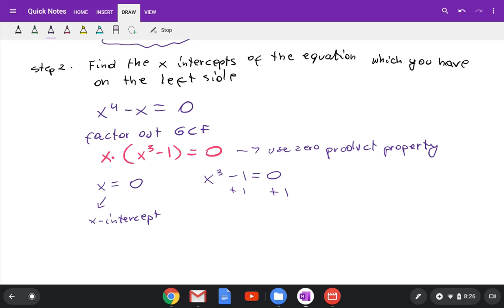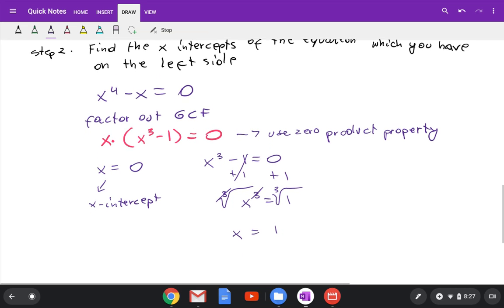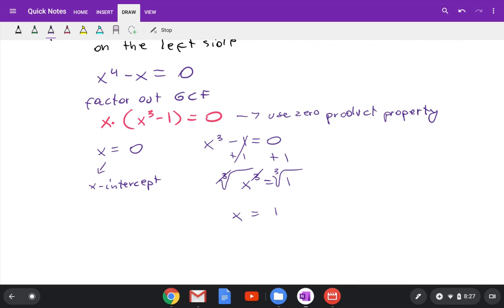It will be easier for you to solve if you move 1 to the right side. So having x cubed is equal 1. And to solve for x, you will need to take the cube root of both sides. And cube root and exponent undo each other, so you have x equal 1. So when you take the cube root of the number, it's only one solution. So we end up with x equal 1. So that's also x-intercept.